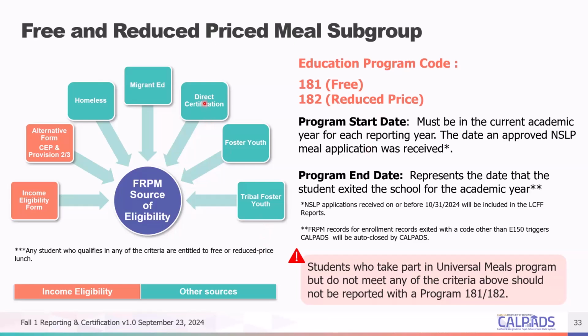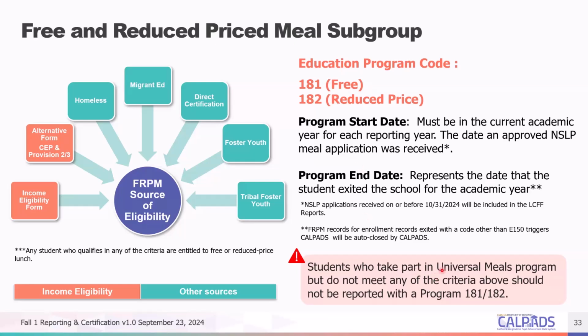Now, if the student is eligible only because of direct certification, if the student is SNAP, TANF, or Medi-Cal free, then they automatically receive 181. If it's Medi-Cal reduced, then they get a 182. For foster youth, this is a weekly matching, and if a student was determined to be foster youth, then of course you get a 181 for them.